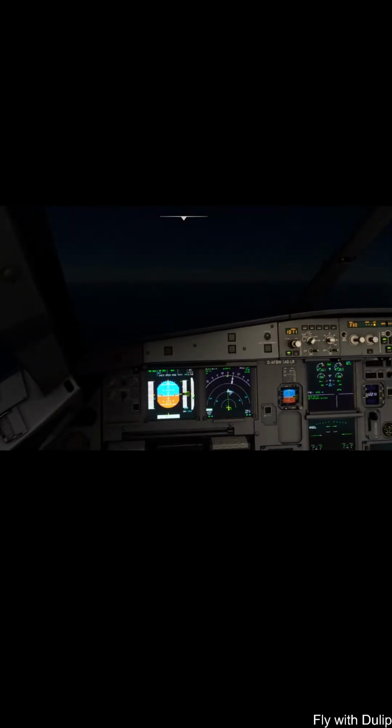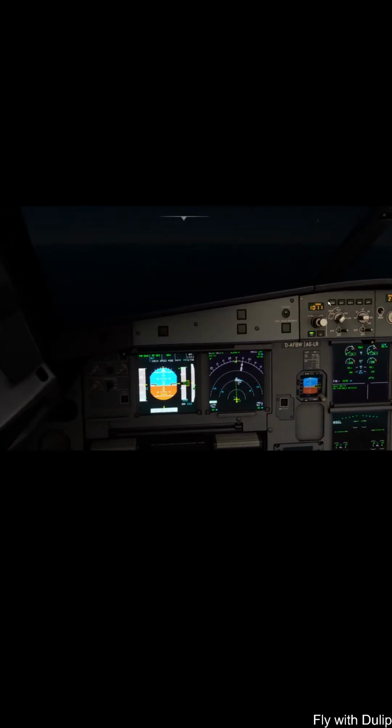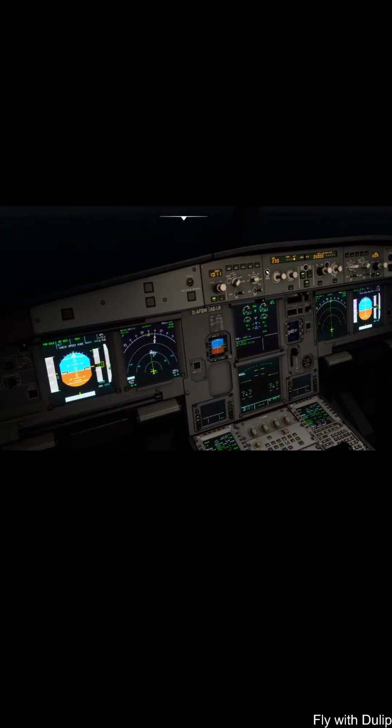SriLankan 103, report indicated speed. Mach decimal 41, SriLankan 103. Say again, SriLankan 103.